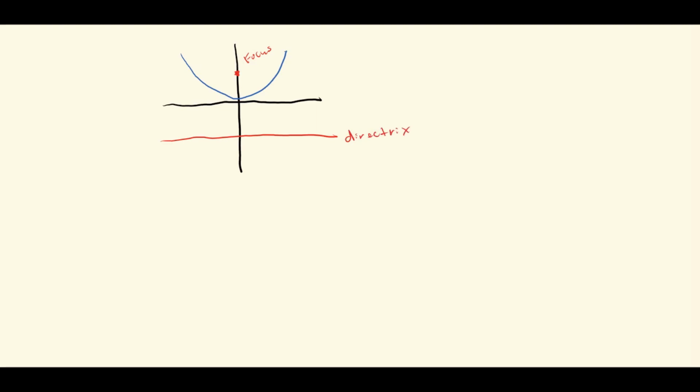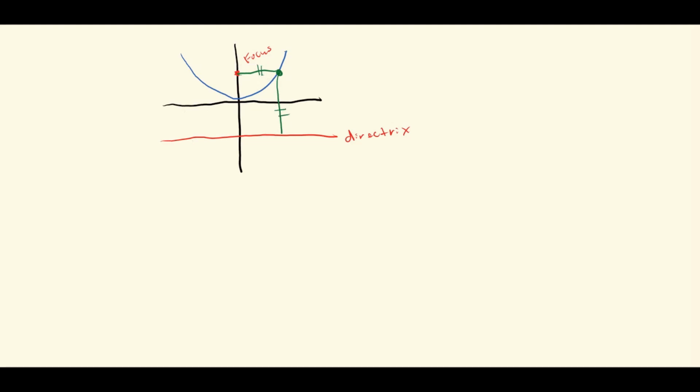And the geometric definition says that if we have any point along this parabola, then the distance between the focus and that point is going to be equal to the distance between the directrix and that point. Obviously in this picture I didn't really draw it perfectly, but these two distances should be equal.